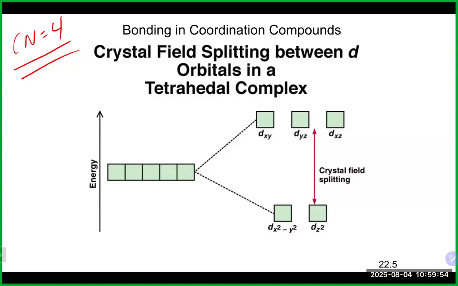It works the same way: with a strong field, it would pair up here first, and with a smaller field, it would work its way through here and then come up like normal before it paired off. It's the reverse of the octahedral splitting.